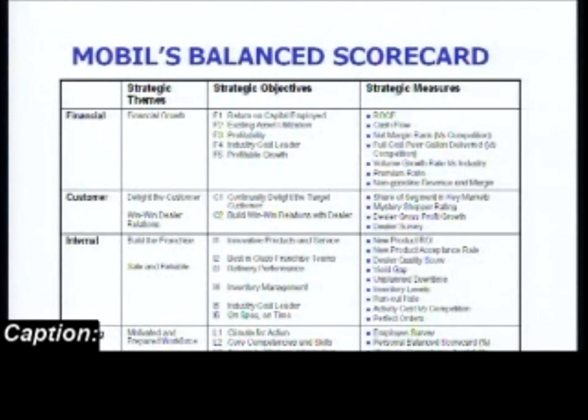Mobil North America Marketing and Refining Organization was one of the least profitable companies in the petroleum industry in the early 90s. Their return on capital employed was 7%, and in fact they would have made more money if they'd moved out of petroleum marketing and refining and invested their money, considering the high interest rates that were available in the early 90s.